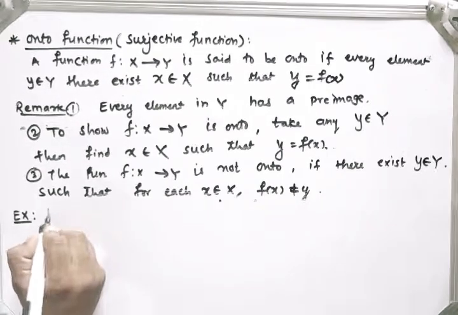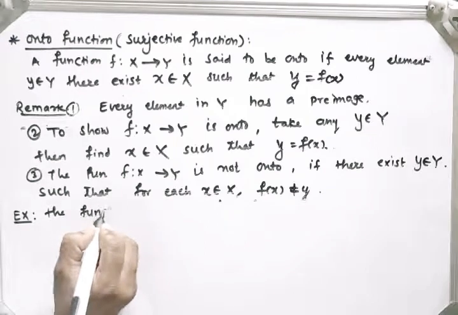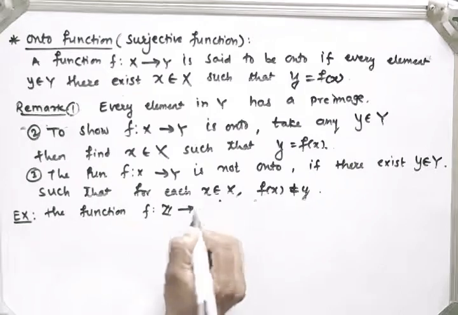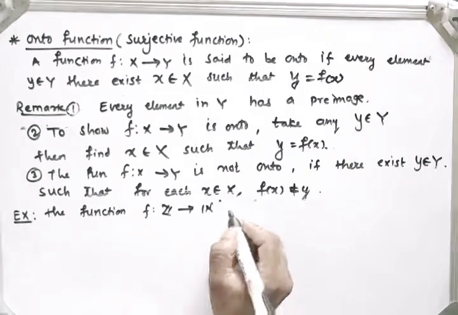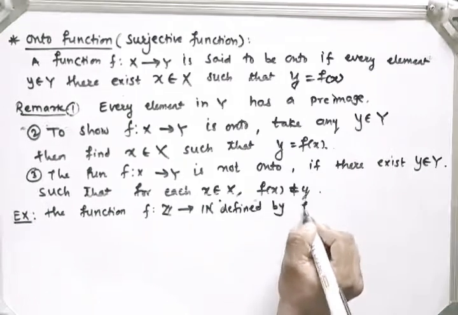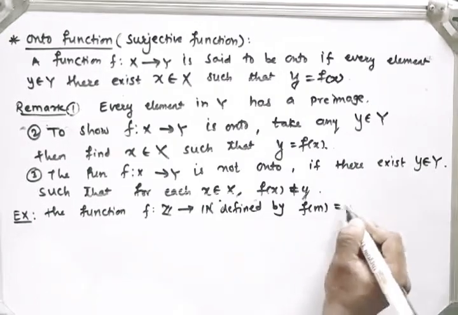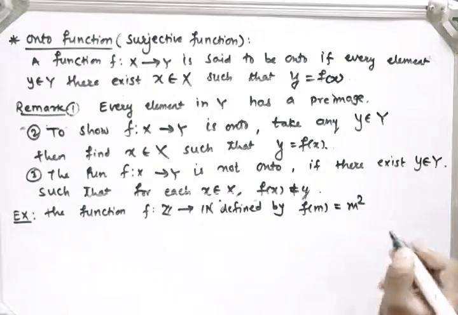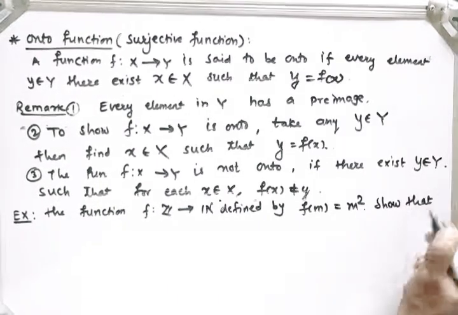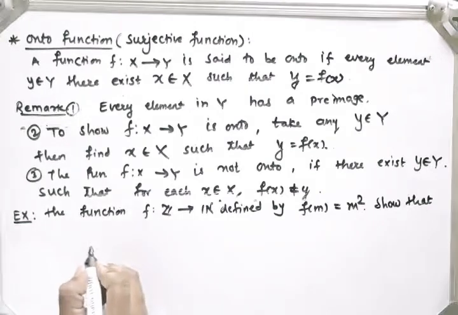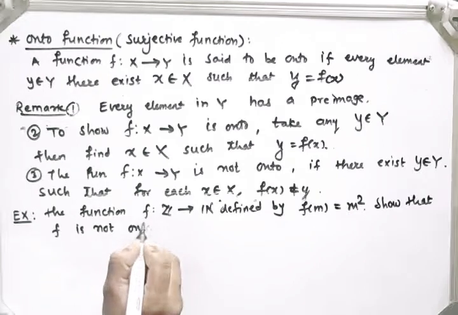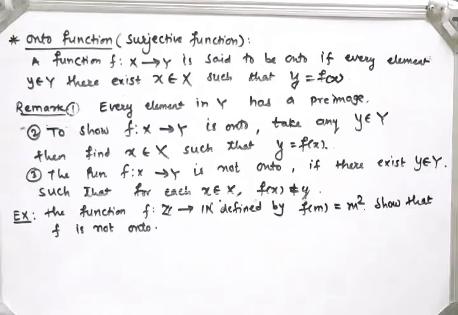The function f from the set of integers to the natural numbers defined by f of m is equal to m square. Show that f is not onto.